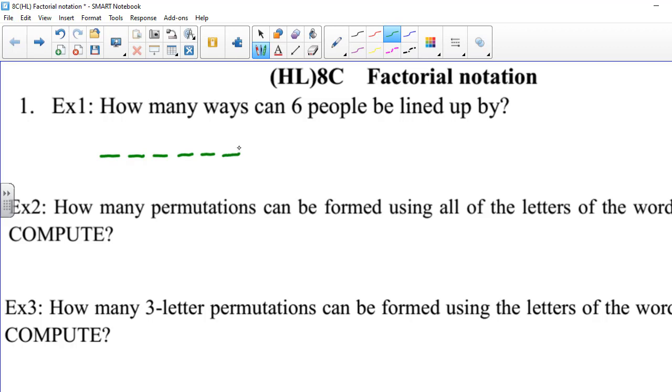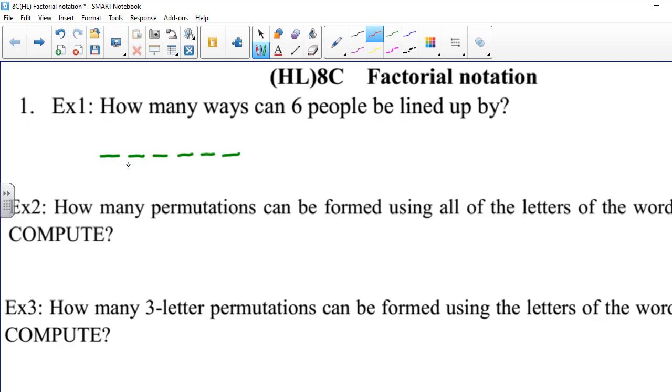So if I want to finish this task, I have to use AND between the first person and the second person, the second, the third. So I have to use AND to connect each step. Therefore, this is an application of the product principle.